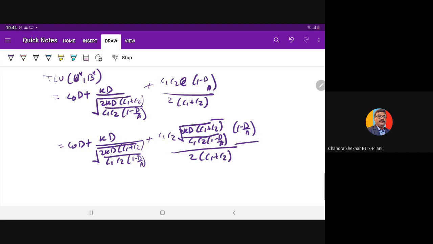So just put the value of Q. Here you can see root KD can be cancelled with root KD, and the 1 upon root of 1 minus D upon A cancels as well.